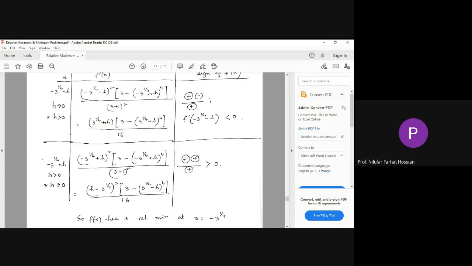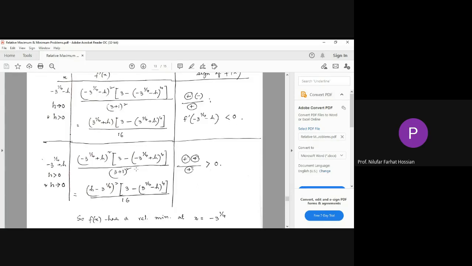Oh no, it will be negative. Why? It will be negative because if you take a minus sign common, minus sign whole to the power 4, it is positive. So 3 minus 3 to the power 1 by 4 plus h whole to the power 4. So definitely this number will be greater than 3, so it will be a negative number. So positive into negative divided by positive, so ultimately it is negative.